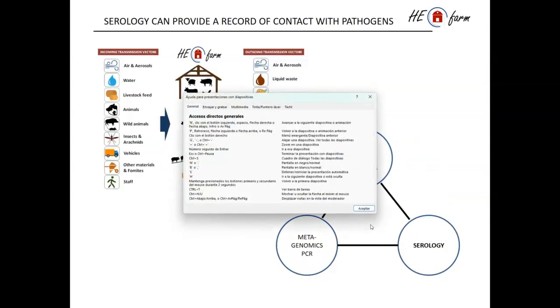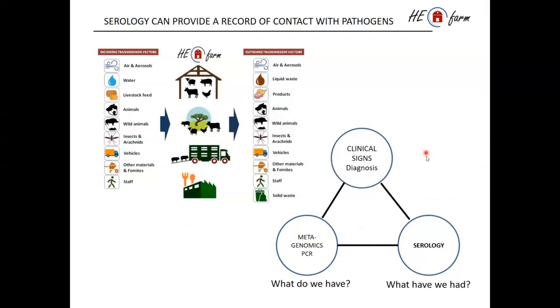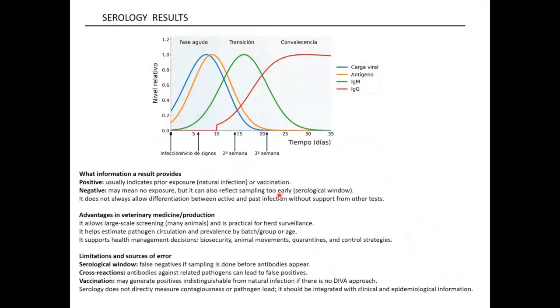And so the serology is really answering the question of what we have had rather than what do we have presently. Okay, the information is not foolproof.